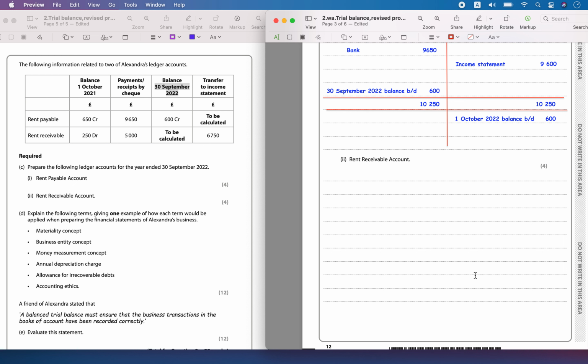Then we have the rent receivable account. Let's prepare that from the information given.